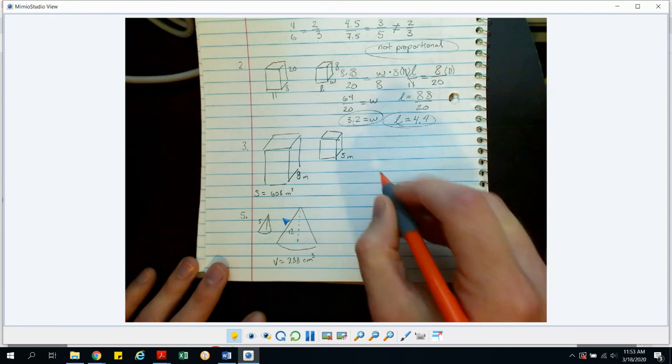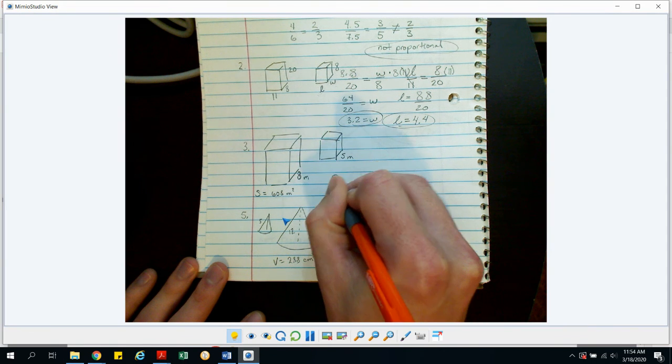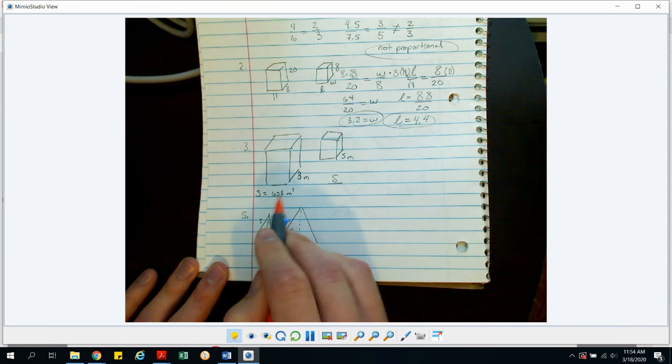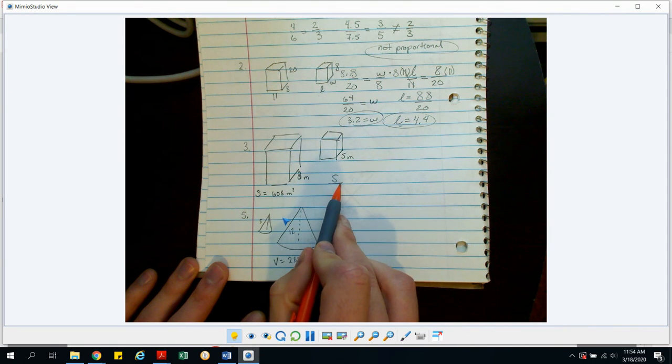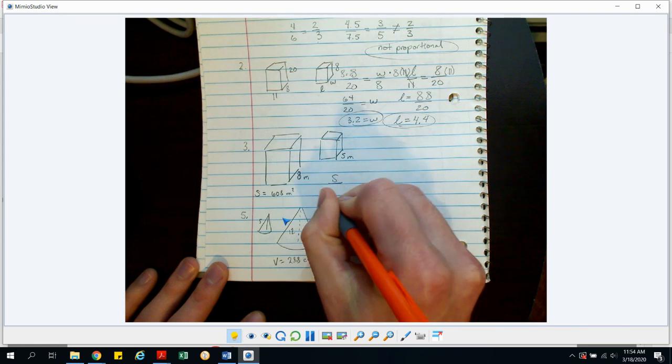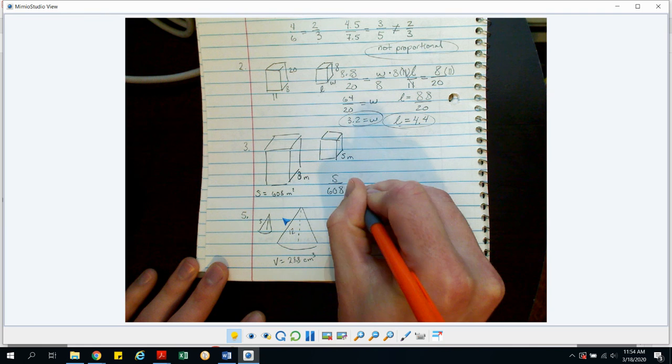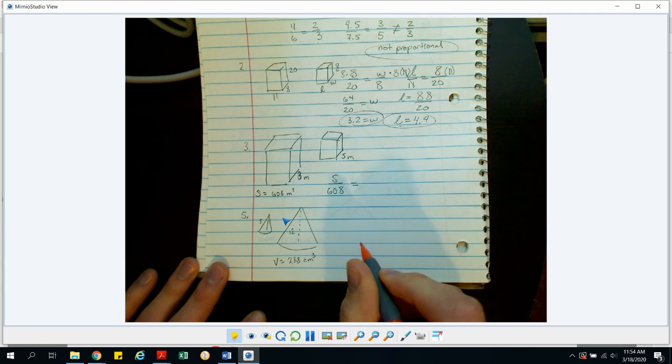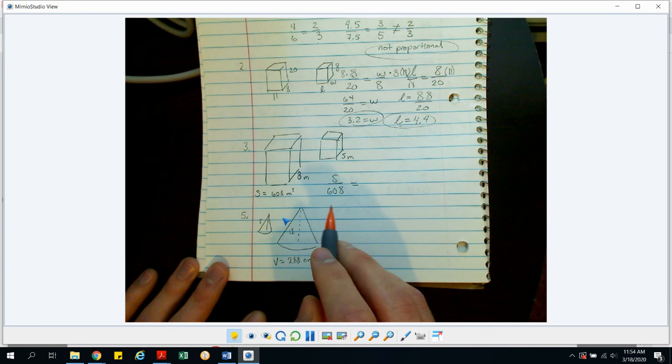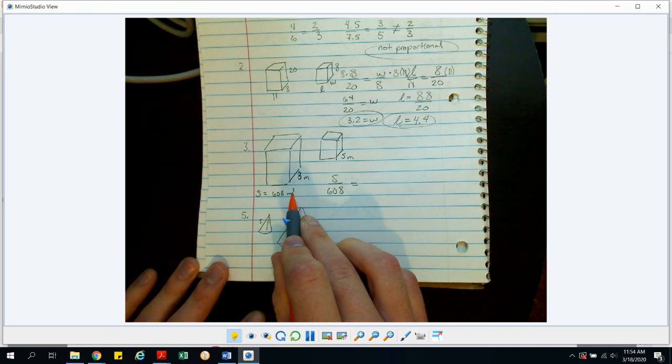So again, S equals, so the unknown surface area over the known surface area, which is 608, is equal to the ratio of the linear dimensions squared, square units. We're talking about area here.